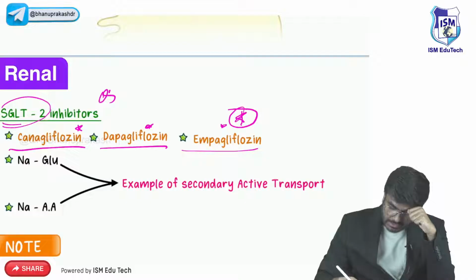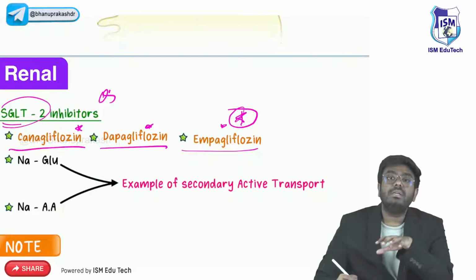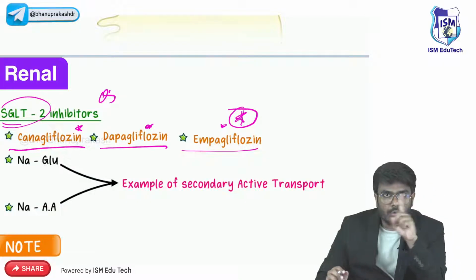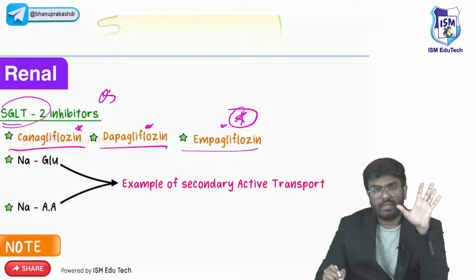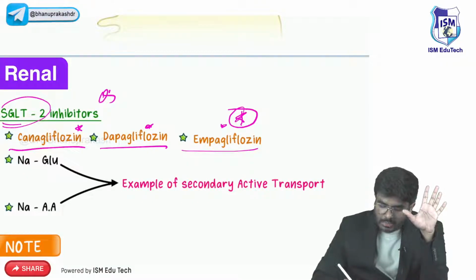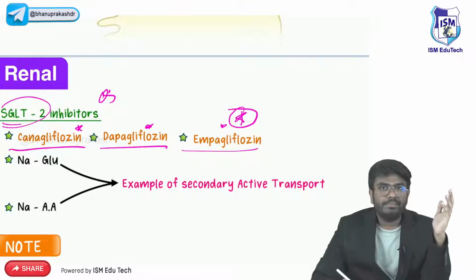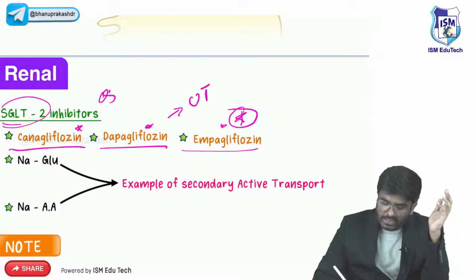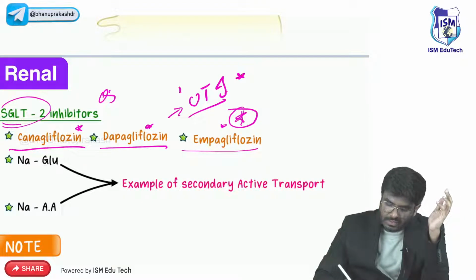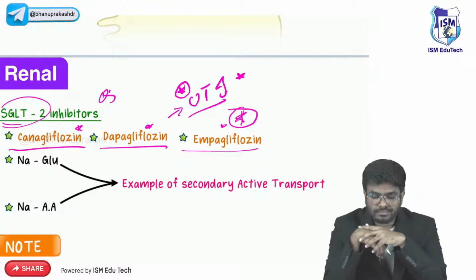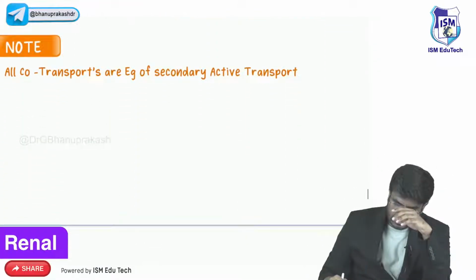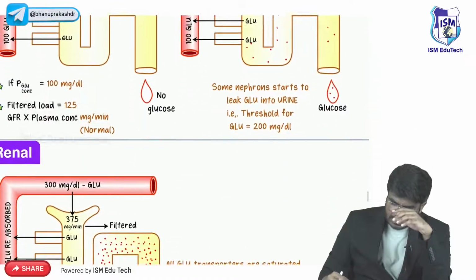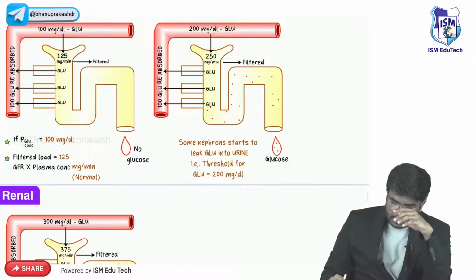If you use these drugs, the glucose will not be reabsorbed. Glucose reabsorption does not happen. All the glucose will go out in the urine, which will cause urinary tract infections, UTIs. Then, after this, what else should you know?